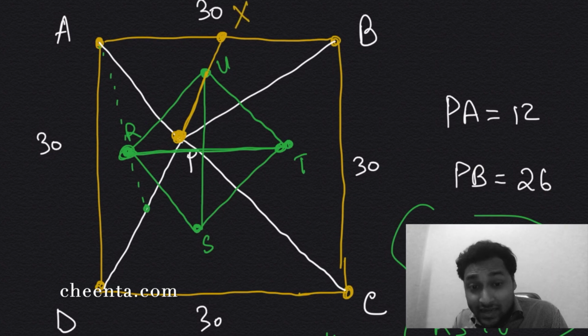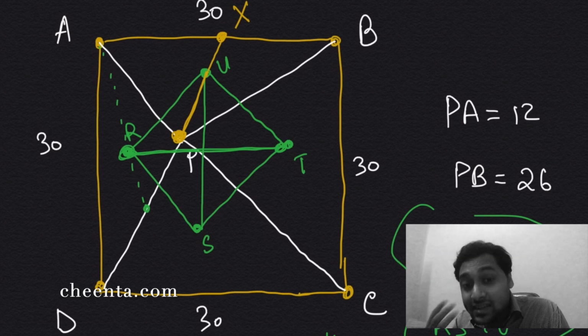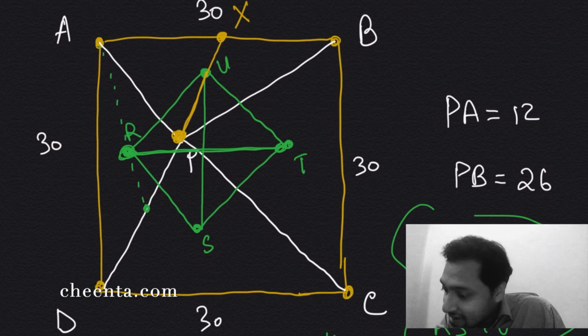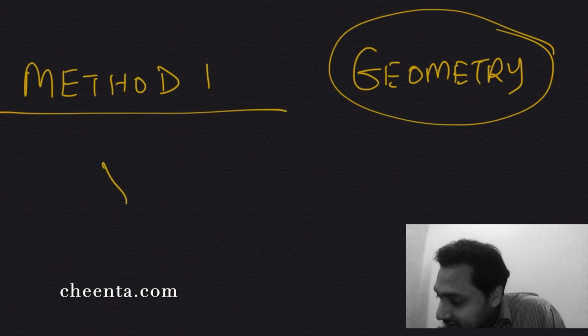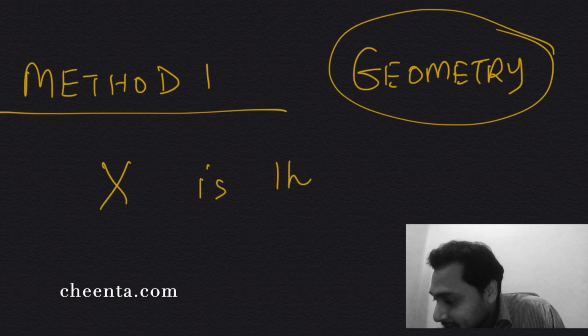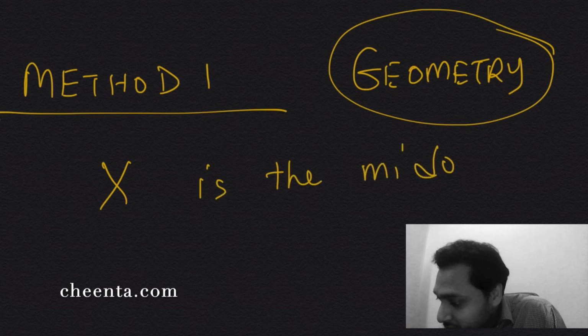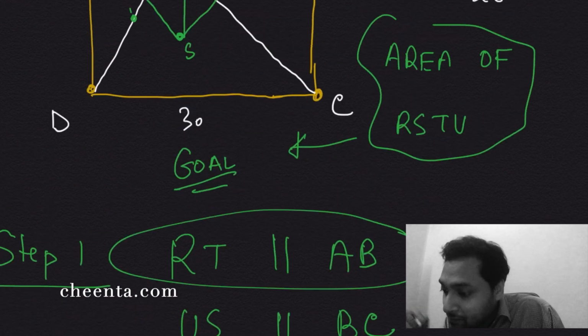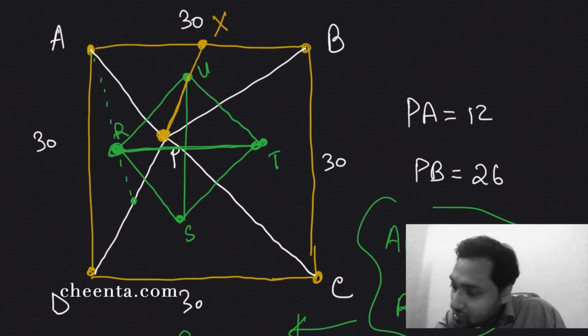Now since this is a median, remember centroid is the intersection point of the medians. So PX is a median of this particular triangle, which means X is the midpoint of AB, right?